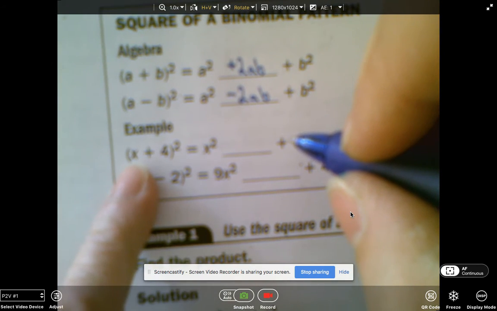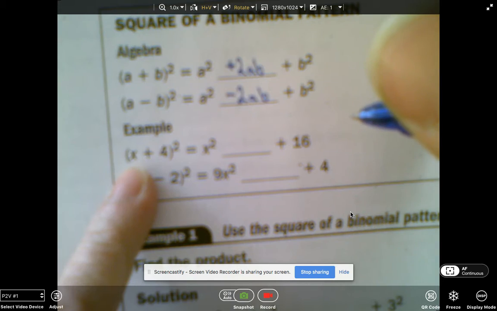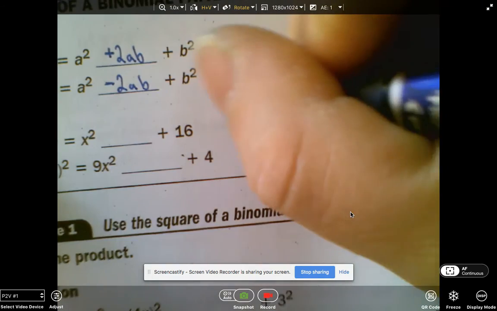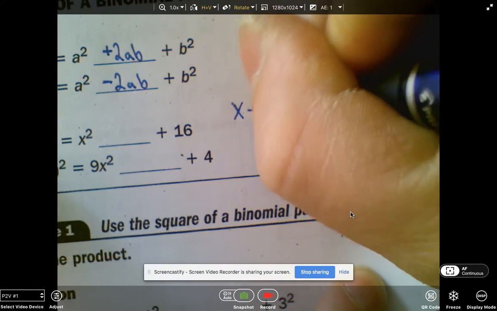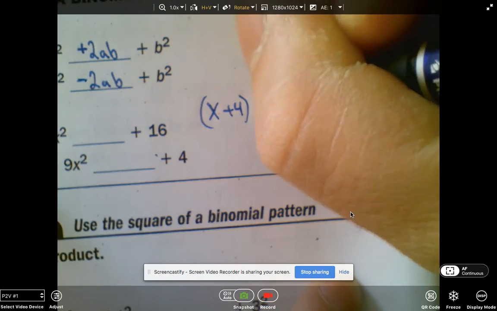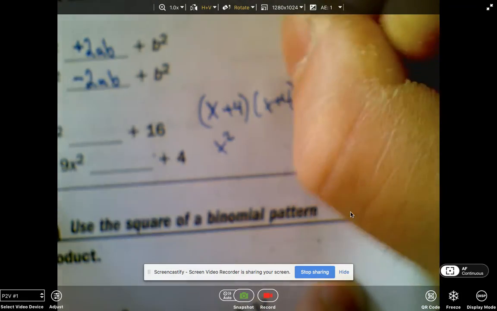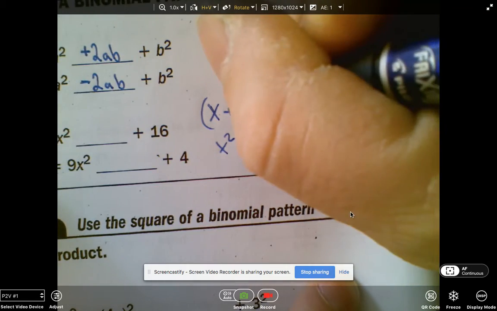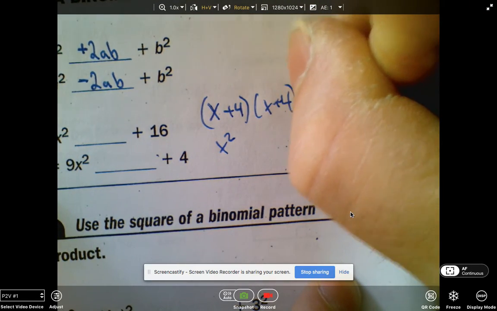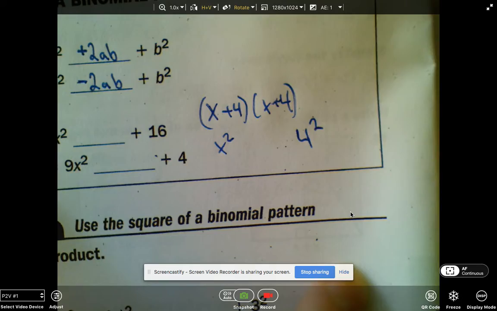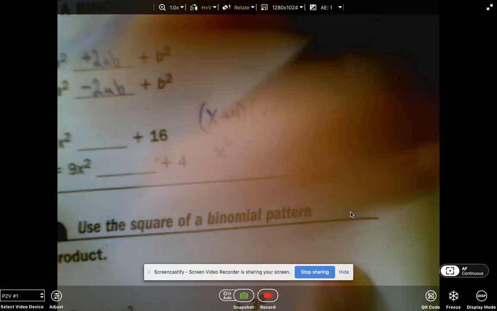So here, just to show you why this works, I'll even do the FOIL: x plus 4 times x plus 4. Obviously you get the x squared for the first, and then 4 times 4 for the last, which is 16.